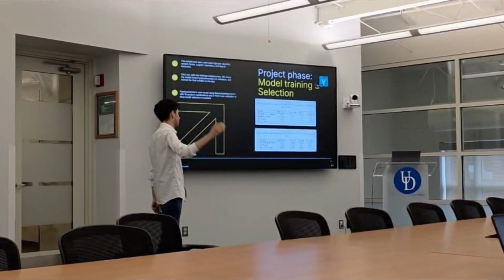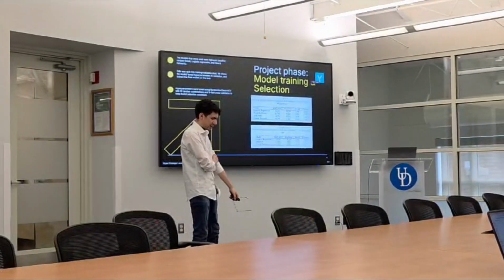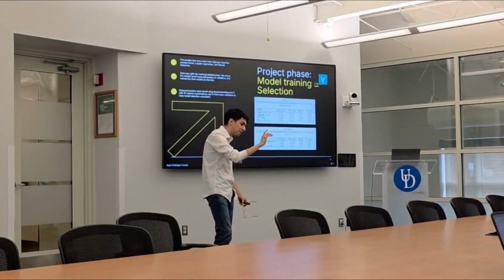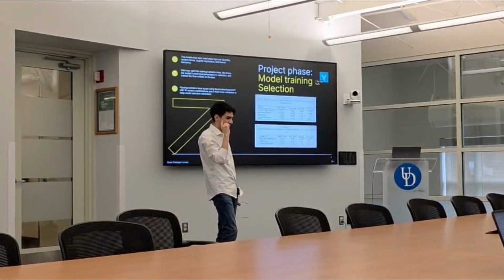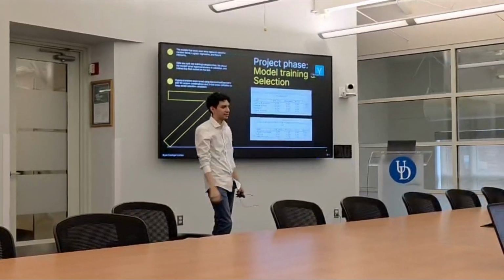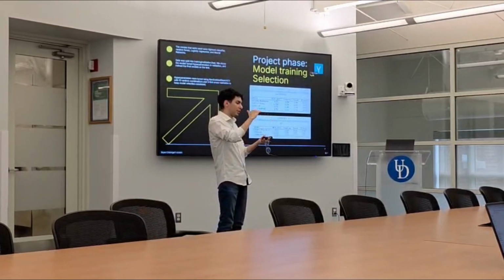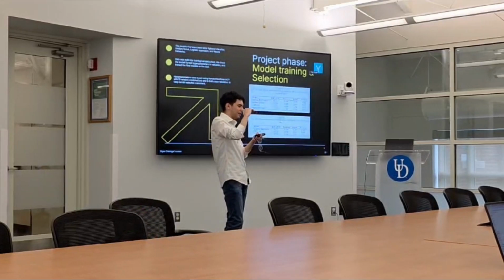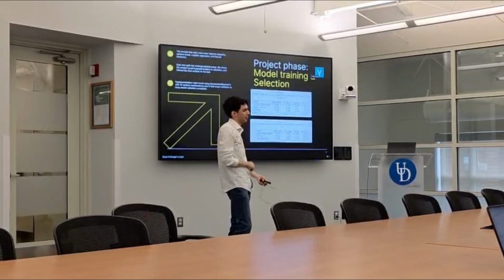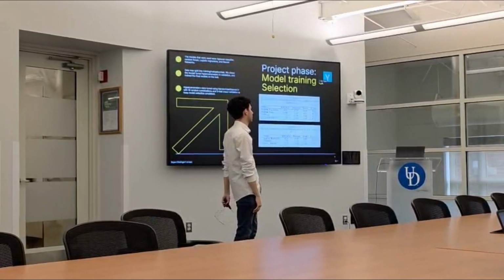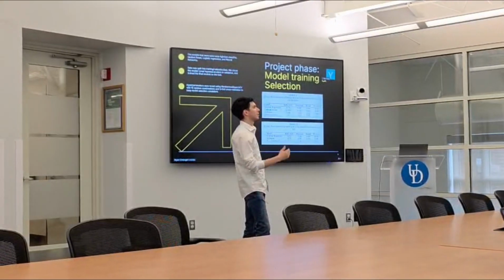So, project phase: model training and selection. What I did is a random search, because choosing hyperparameters by hand is time consuming. I did a random search for the hyperparameters that most affect the model and also address the class imbalance, which were the main targets of my hyperparameter tuning.